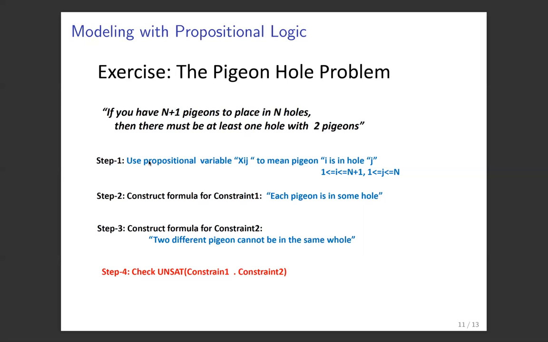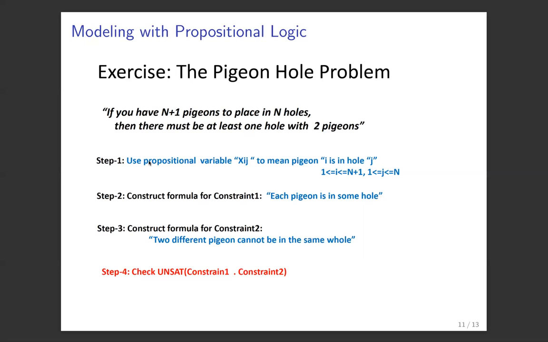The API provides functions to construct formulas in the SMT notation that you saw. That's a standard called the SMT-LIB2 standard, okay?